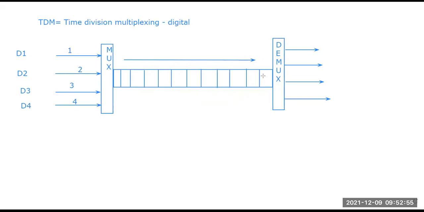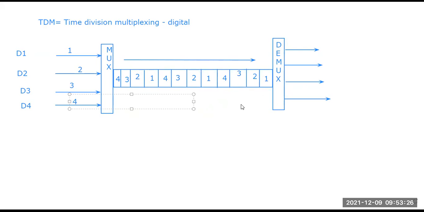Consider this: this is 1, this is 2, this is 3, this is 4, again 1, 2, 3, 4, and again 1, 2, 3, 4. Right, so this is the scenario.